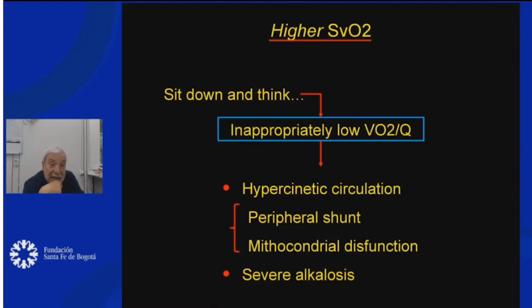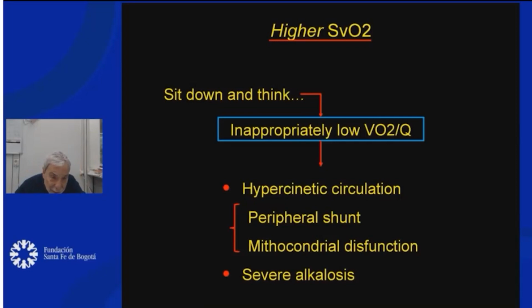But let's see, I may have an SVO2 which is greater than normal, or an SVO2 which is lower than normal. So we have to sit down and think: if I have a patient maybe with 5 of lactate and 75 of SVO2, how to combine? Is it the same patient as having 5 of lactate and 55 SVO2? Or is the pathophysiology behind different?